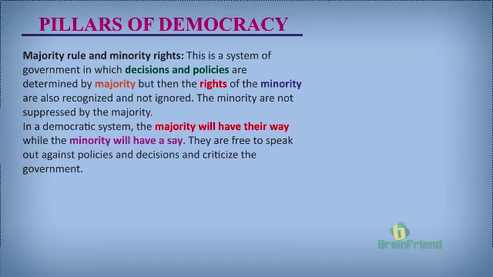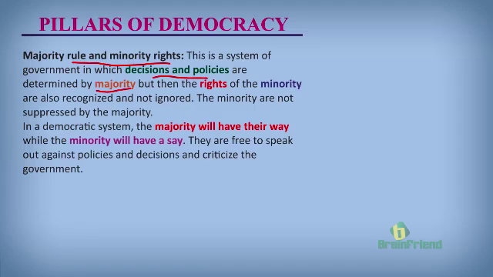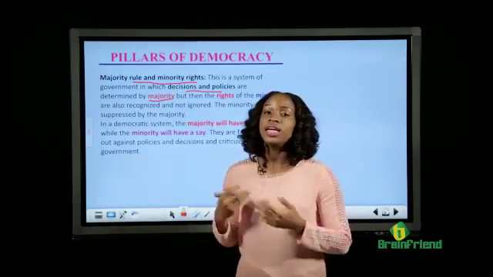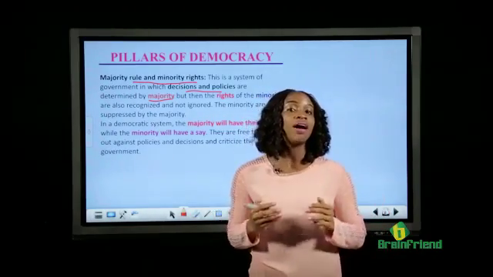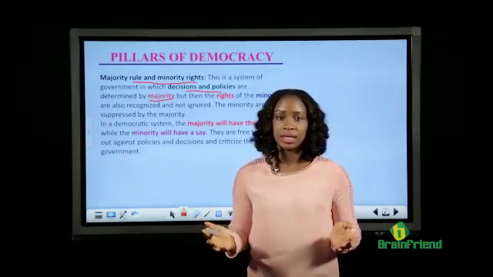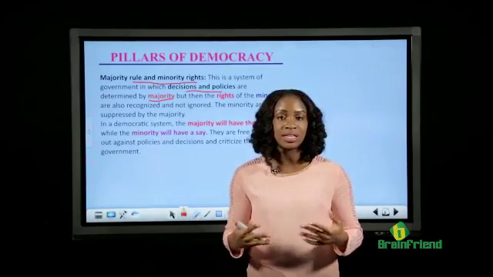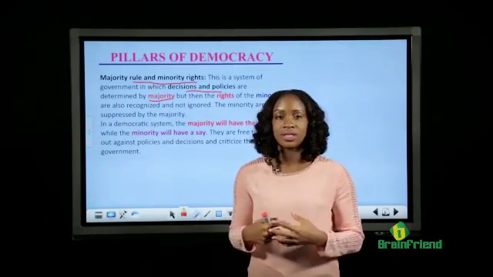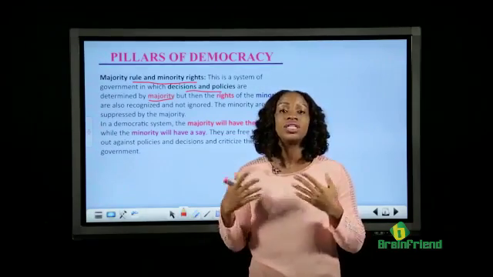Another pillar of democracy is majority rule and minority rights. This is a system of government in which the decisions and policies of the government are determined by the majority. How? In a country like Nigeria, we have different parties, and during elections, each party sends their representative who contests for the elections.